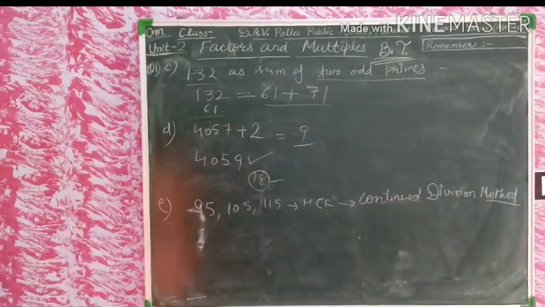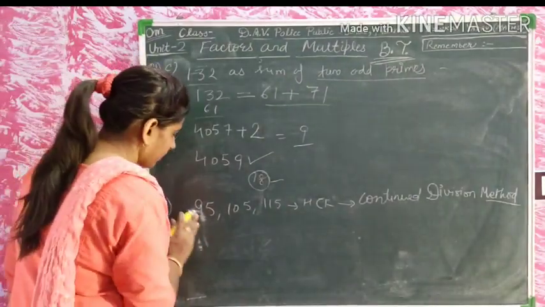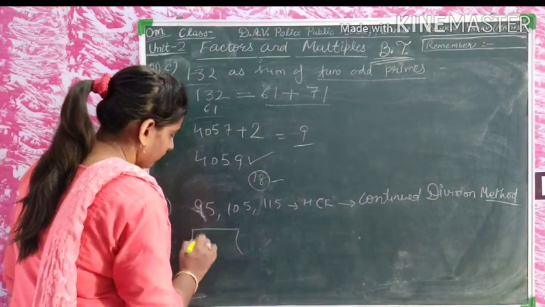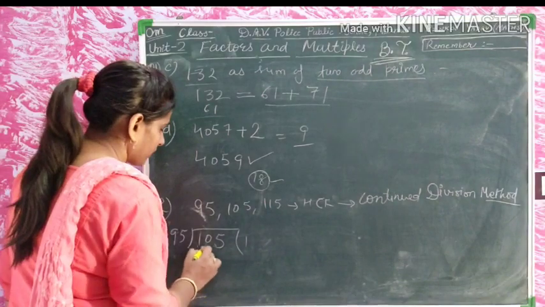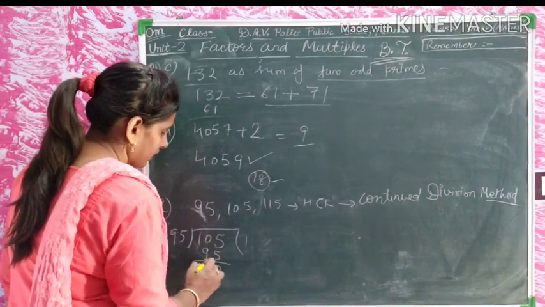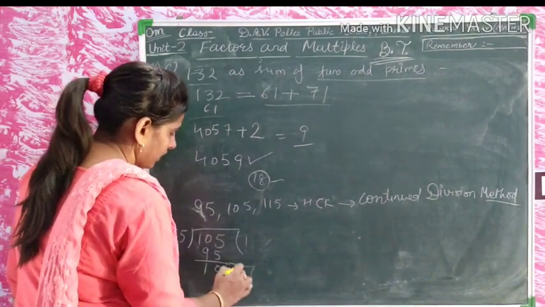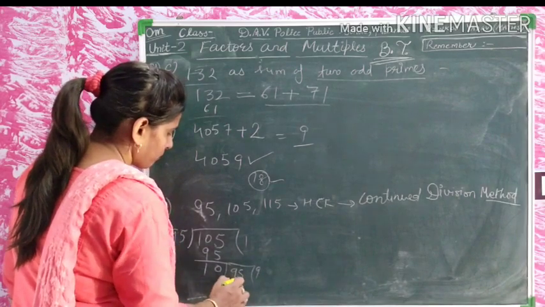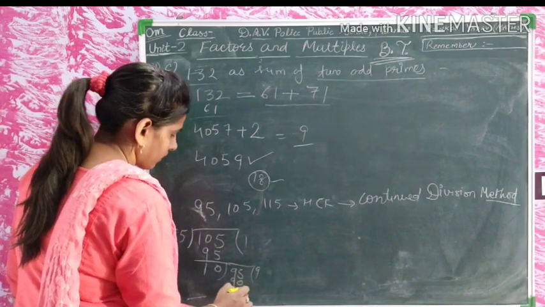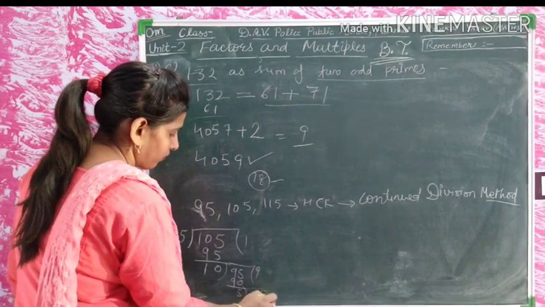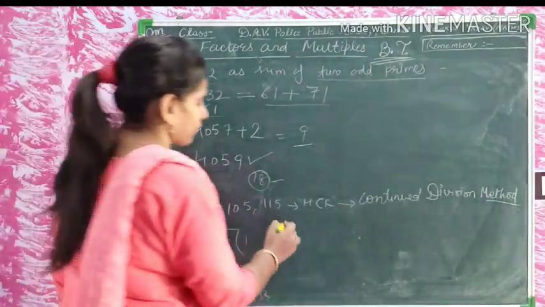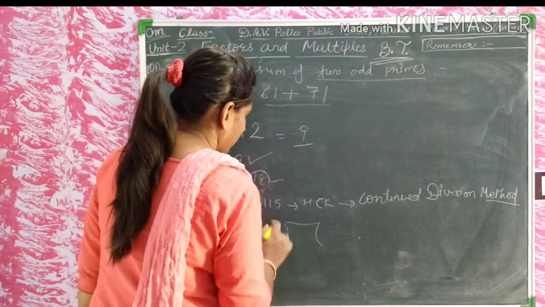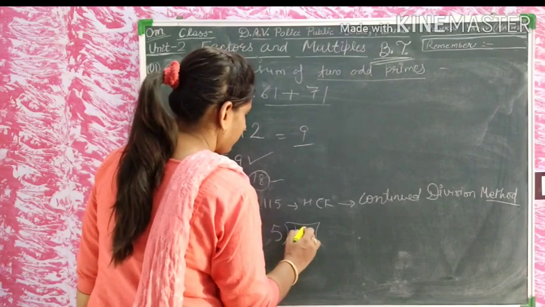Take care that first we take the numbers 105 and 95. 95 1 95 and we get the remainder 10, and now again it will be divided by 9, 90 and we get 5, and there is 10, 5 to the 10. The HCF is 5 between these two numbers, and now we take 5 and 115.